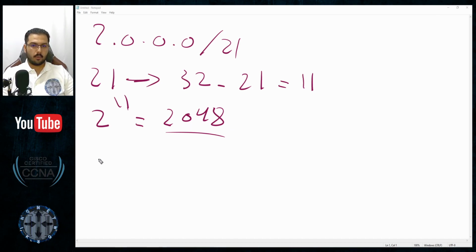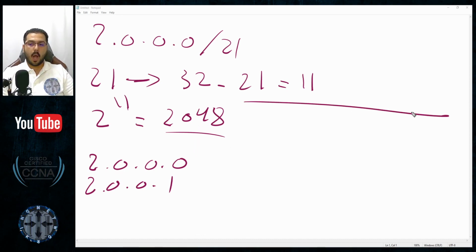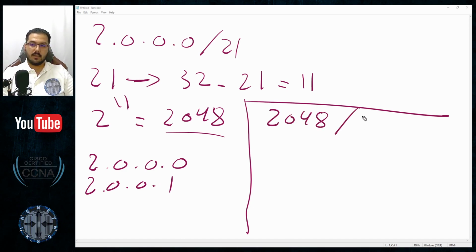And what I want to do right now is 2.0.0.0 is the network ID, and 2.0.0.1 is the first valid IP address. This number can never be the increment value. Why? Because it's bigger than 256, so I cannot inject it here. I will need to divide it by 256. 2048 divided by 256 will be 8.